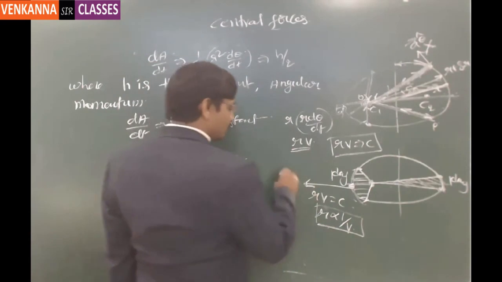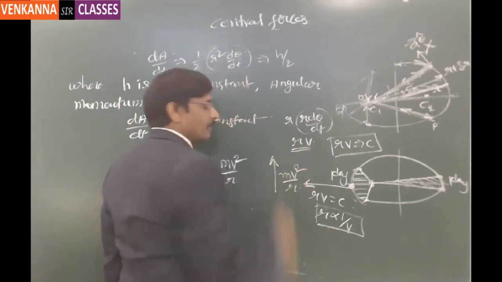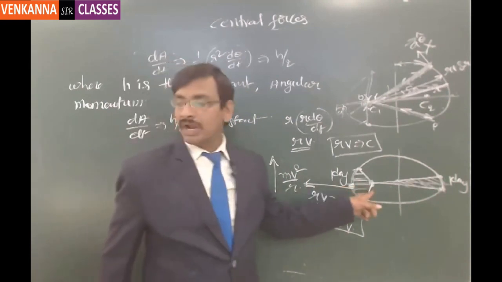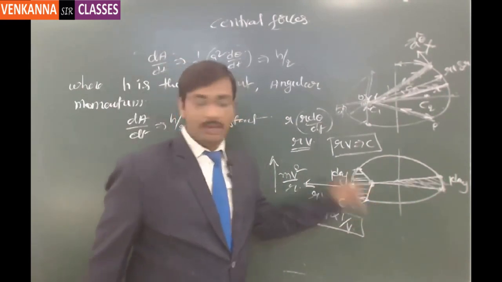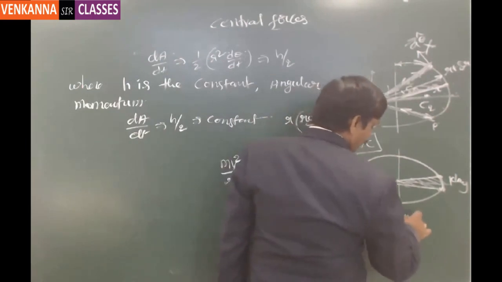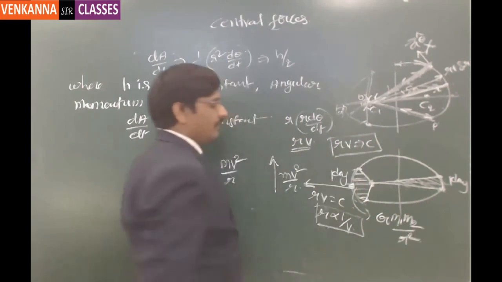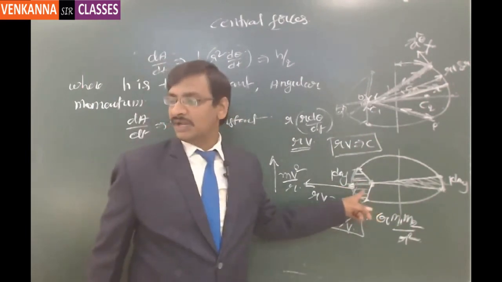So this is mv square by r, and this value is more, because the sun is attracting heavily because of the gravitational force of G m1 m2 by r square, r being very less at this location. The force of attraction by the sun is very, very high.